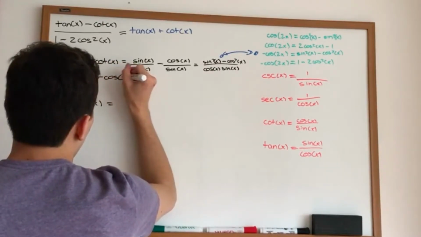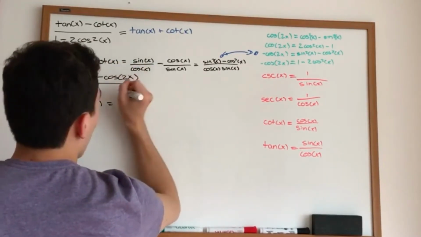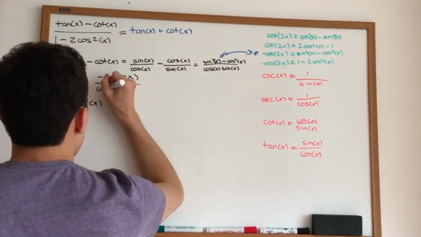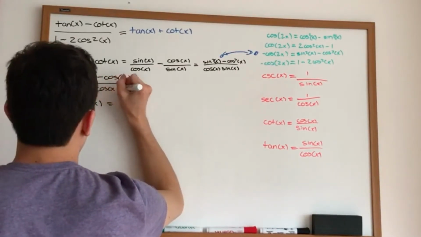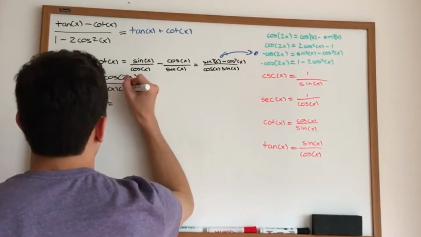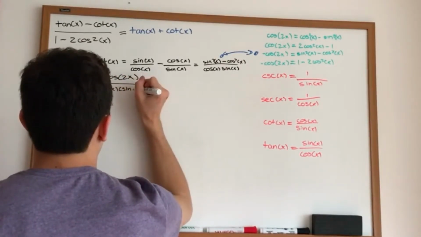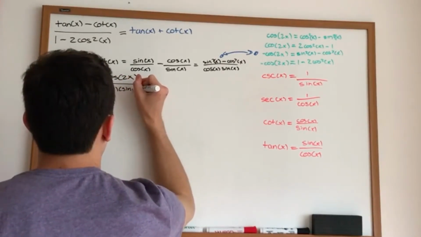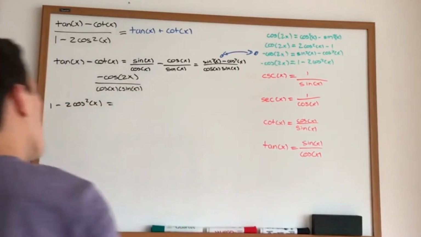After we have done this and we have two fractions, we can now get the common denominator and join them. So that will leave cosine 2x over cosine x times sine x.